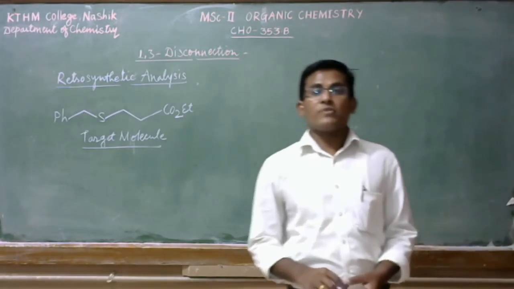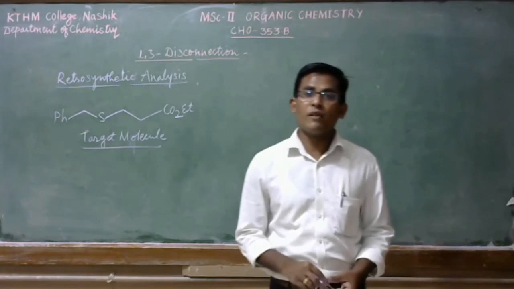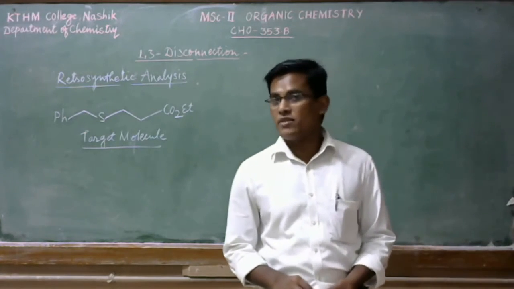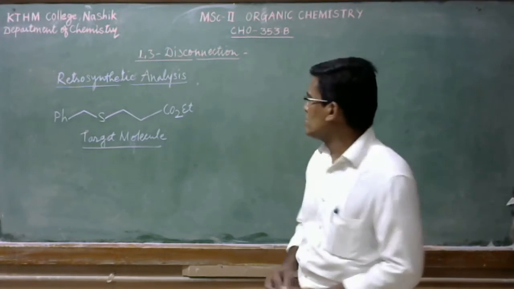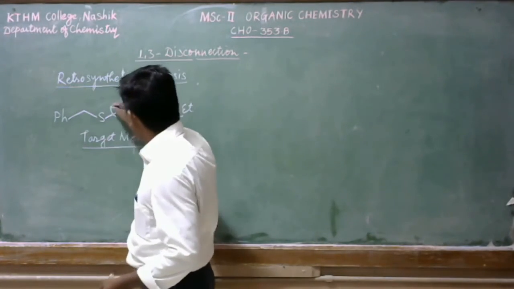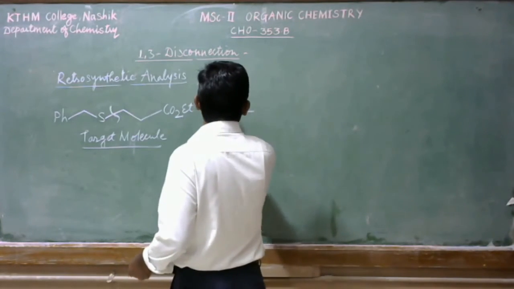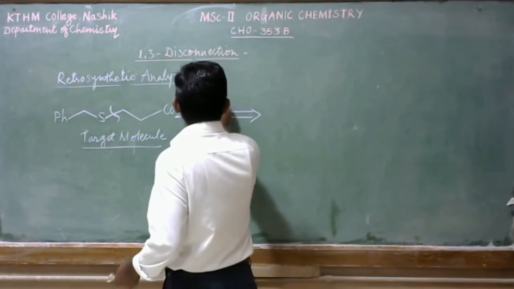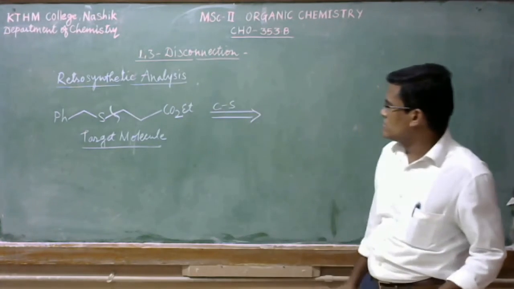As one of the guidelines says, if our compound contains a heteroatom, our disconnection must be next to the heteroatom. So the obvious disconnection would be from here. Let us break this CS bond, the thioether bond.